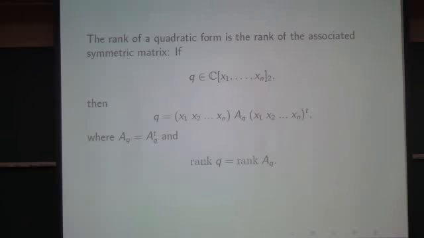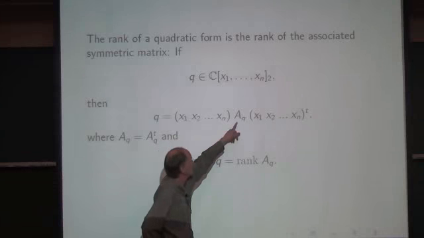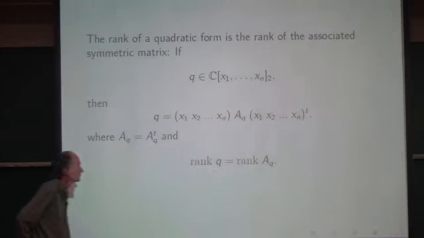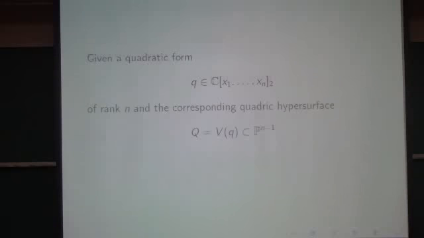You can write this as such a product of matrices where A is a symmetric matrix. And the rank, as I defined it in the previous page, was as a sum of squares. If you write that as a sum of squares with this matrix, you get a diagonal matrix, and then the rank is exactly the number of non-zero elements on the diagonal. So the rank is the rank of that matrix.